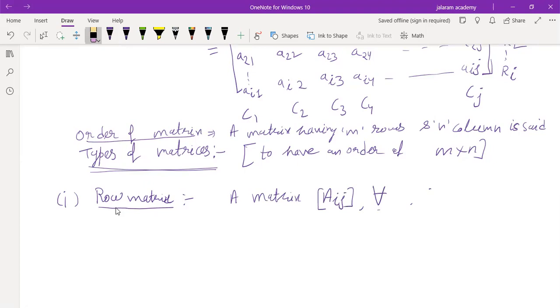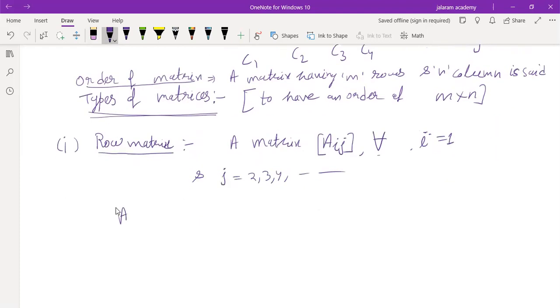Row is denoted by i. I equals 1 and j equals 2, 3, 4 or so on. Is that clear to you?